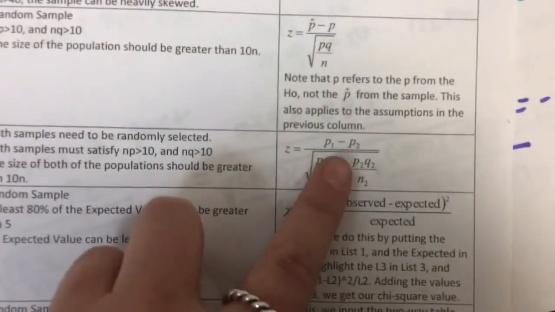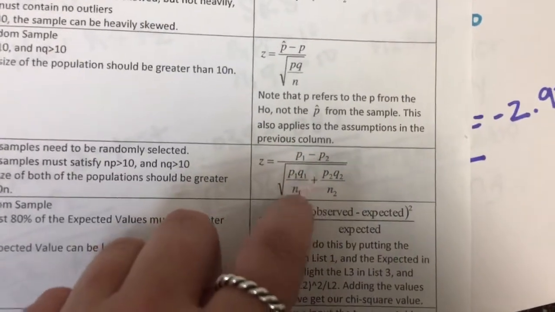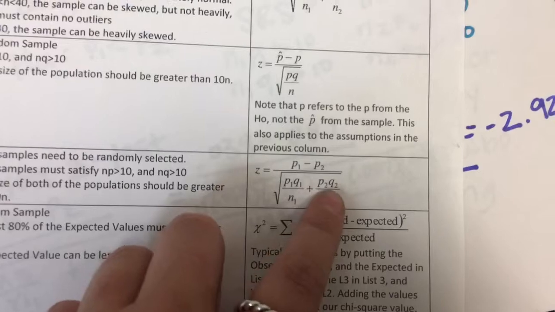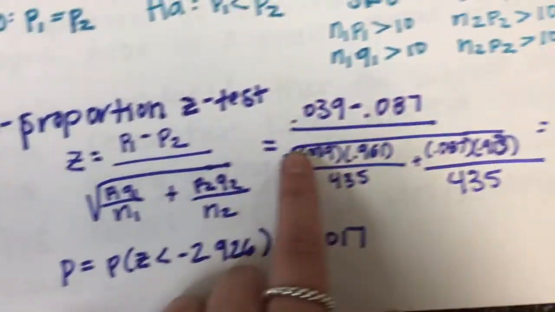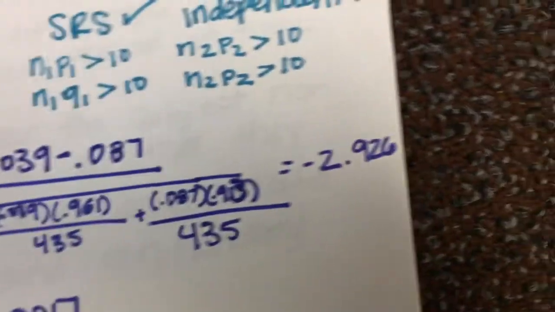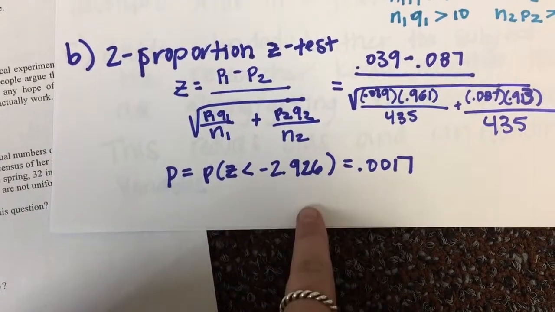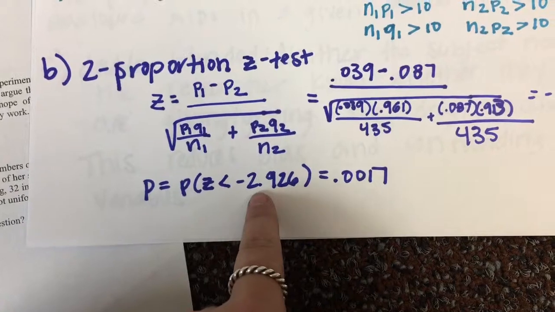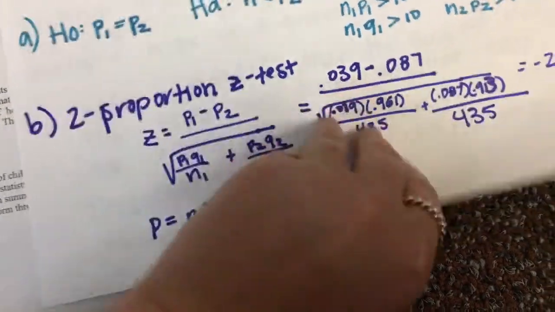Z equals P1 minus P2 divided by the square root of P1Q1 divided by N1 plus P2Q2 divided by N2. So I have that written out right there. And then I plugged in my numbers and I got negative 2.926.